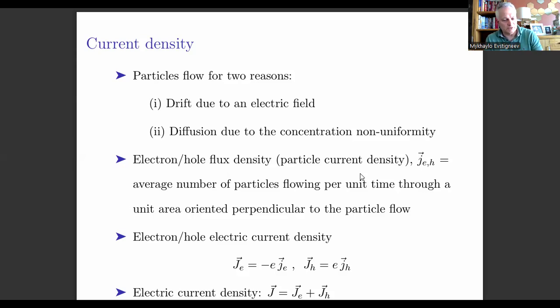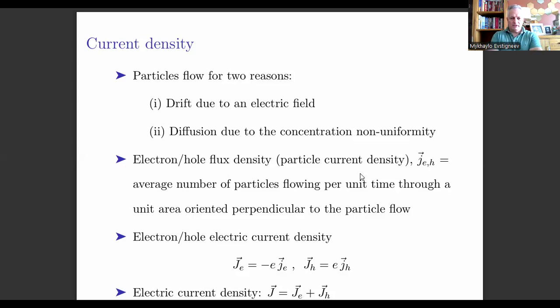Or maybe you inject charge carriers at some contact point into the semiconductor. Diffusion can be observed, of course, in everyday life. If I open a bottle with perfume somewhere, then perfume molecules will diffuse, spread out in space. So that's diffusion as well.